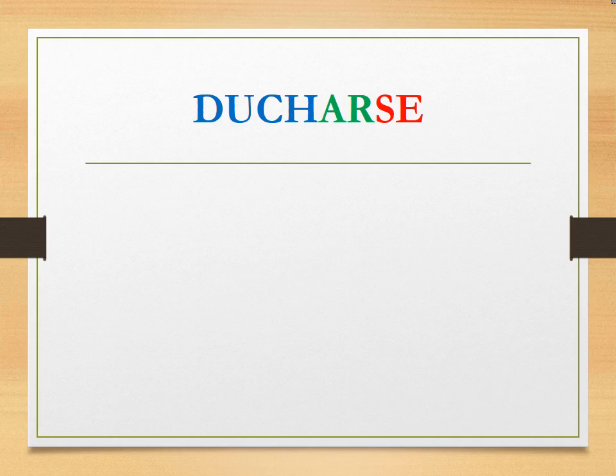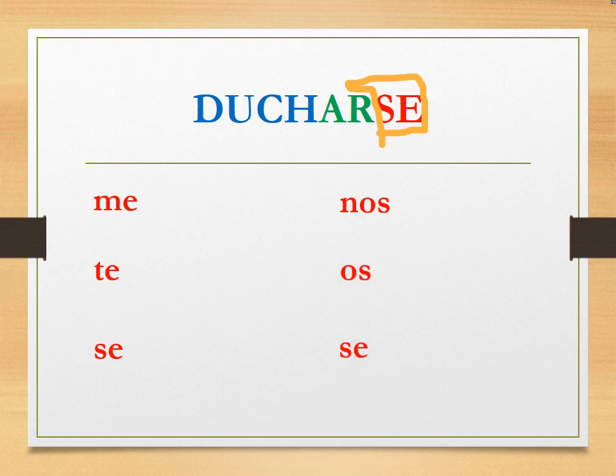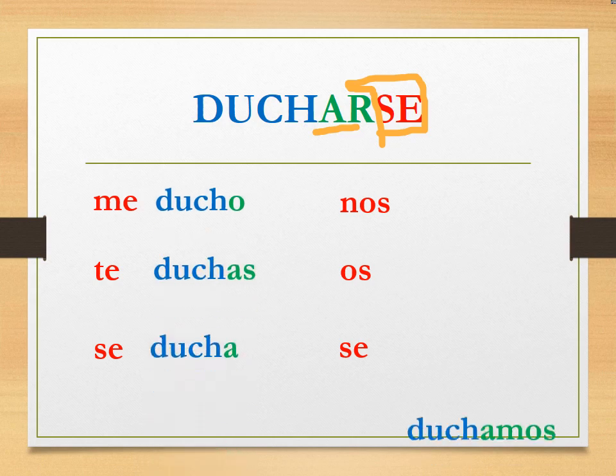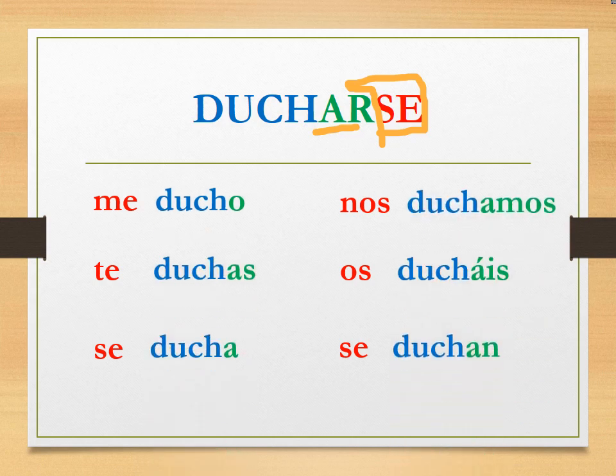All right, next up, ducharse. Here's another one. I encourage you to pause this and see if you can do it by yourself. So here we go. The se goes to me, te, se, nos, os, se. Duchar is an AR verb, so I'm going to conjugate it like normal. Ducho, duchas, ducha, duchamos, ducháis, duchan.